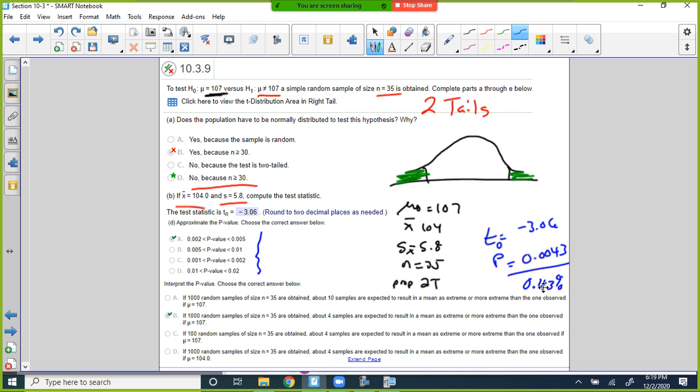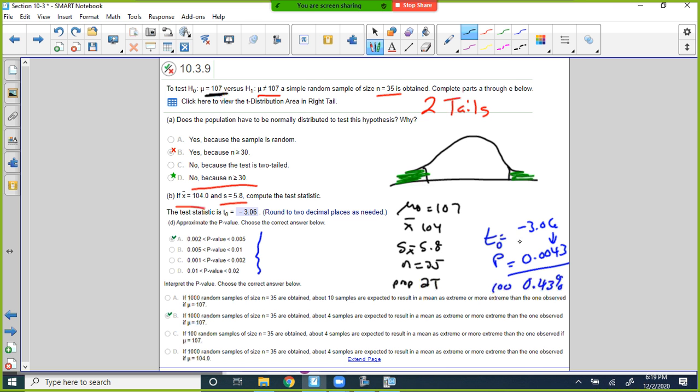That's if you looked at 100, okay? If 100, it'd be 0.43%. But look at their stuff. They're saying 1,000 random samples. The reason they're saying 1,000 is, look where that is. It's in the thousandths place, okay?